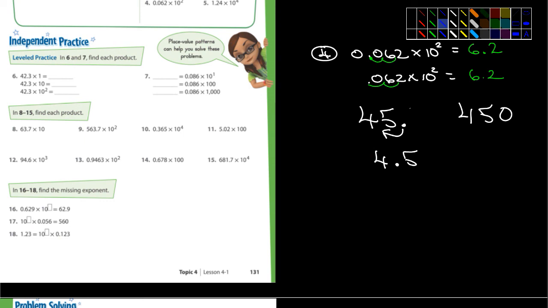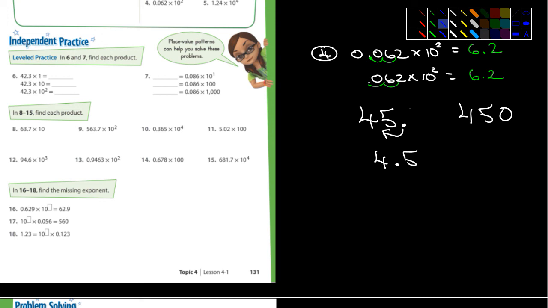I'm going to look at number 7 here, the third part. It's, you can see it here, 0.086 times 1,000. Mr. Oldham, what would that be? How many places do you move the decimal? Three places, right? So where's the decimal going to end up? After the 6.